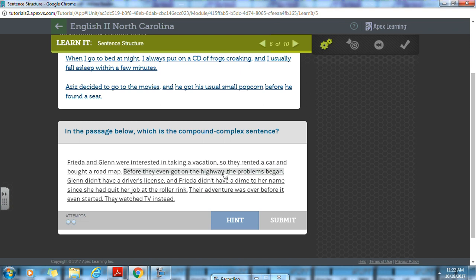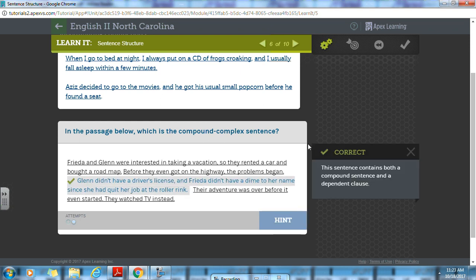Before they even got on the highway, comma, the problems began. Oh, but that's a complex sentence. Glenn didn't have a driver's license, comma, and Frida didn't have a dime to her name since. Since is one of my subordinating conjunctions that start a dependent clause. So this has to be my compound complex sentence.